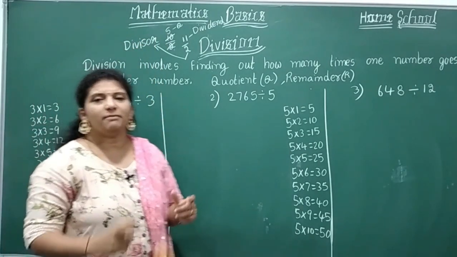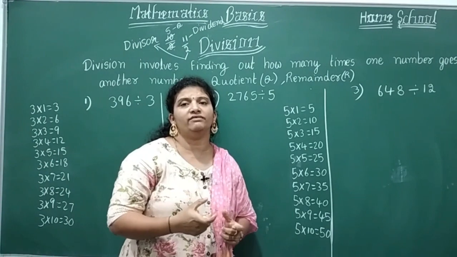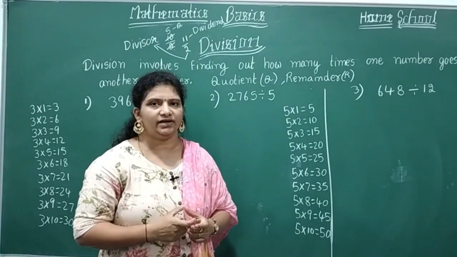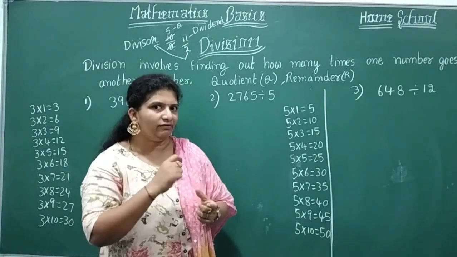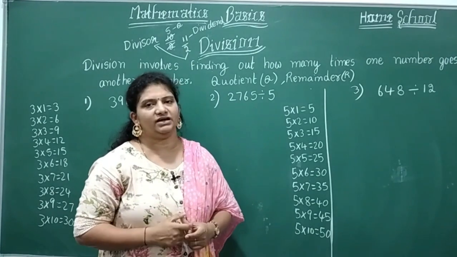So the number we need to divide is the dividend, and the number we divide by is the divisor.